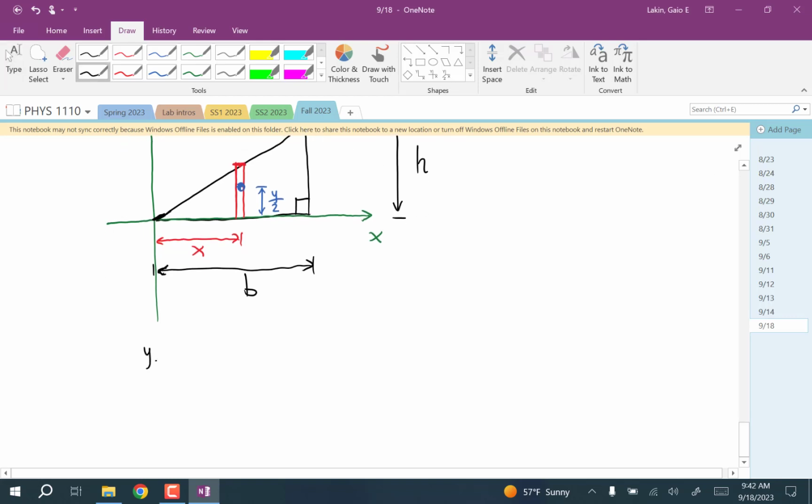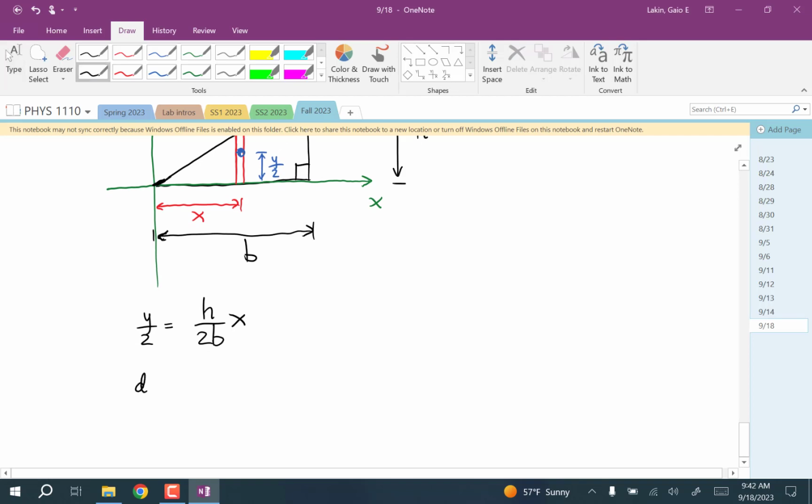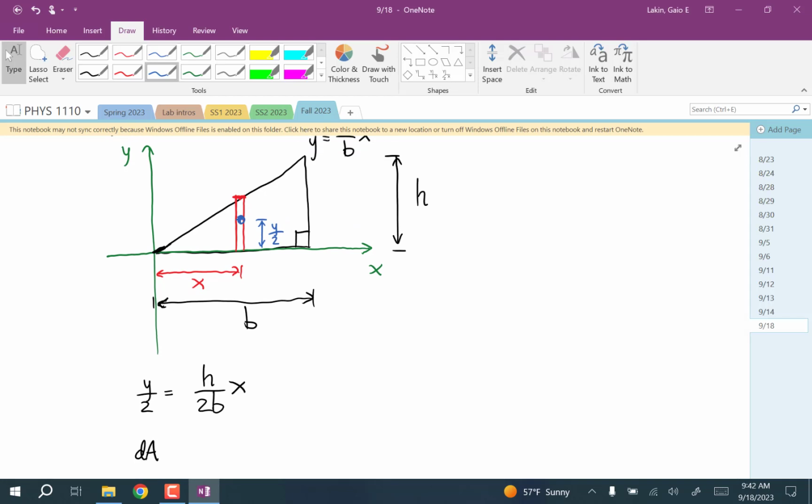And so our y over 2 is h over 2b times x. And our dA, well, the thickness of this thing, we're going to call dx.